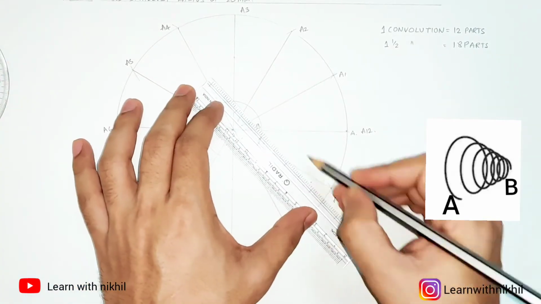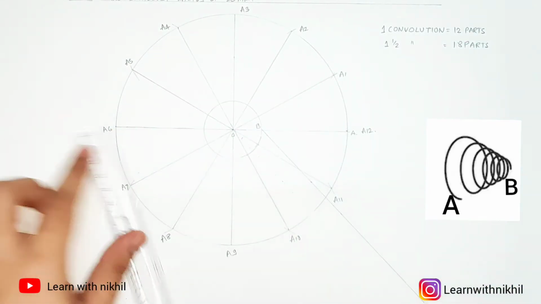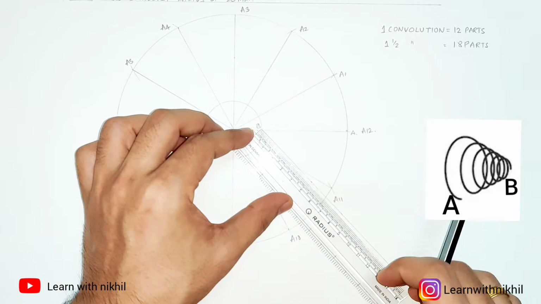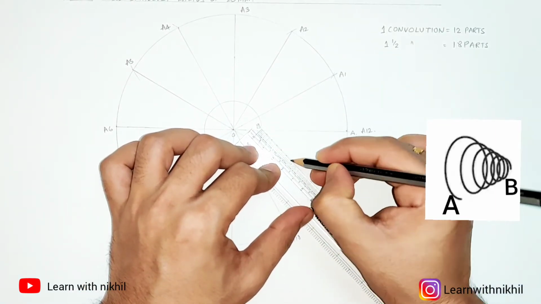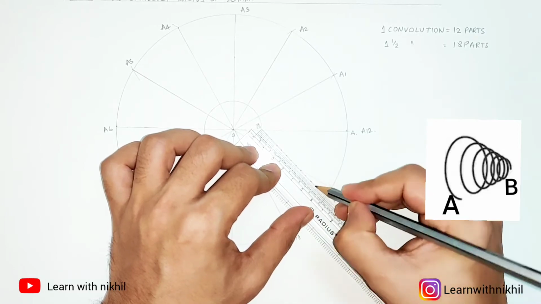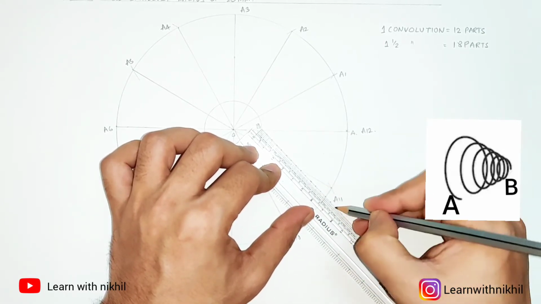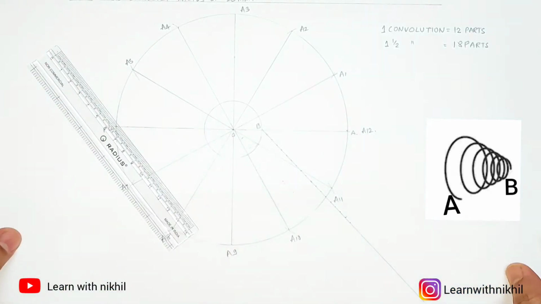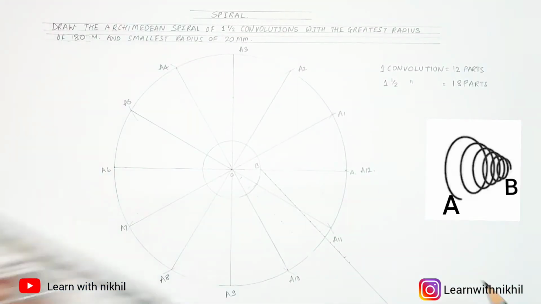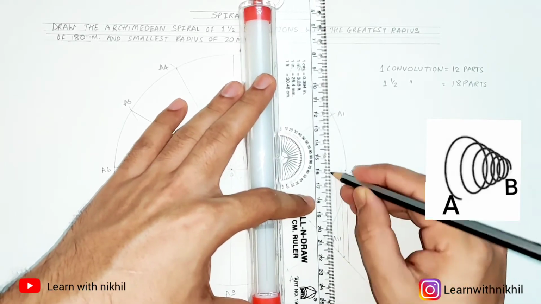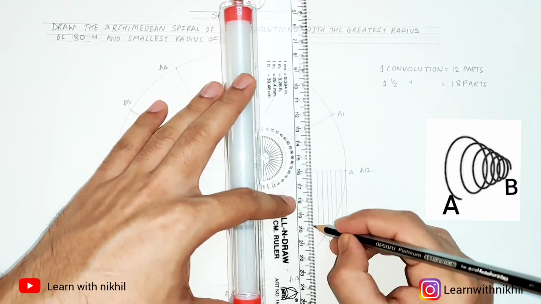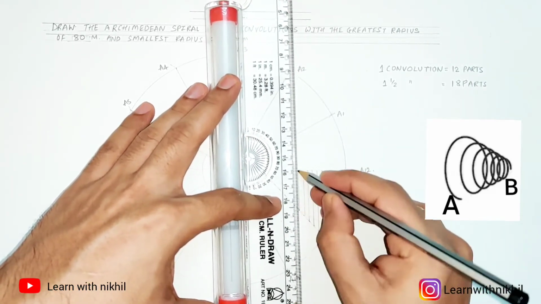Now as we have 18 parts for 1.5 convolutions, we will divide the line AB into 18 equal parts. Now why take the line AB? As the starting point of the spiral is from A and the end point of the spiral is at B. So we are dividing the line AB into 18 equal parts.